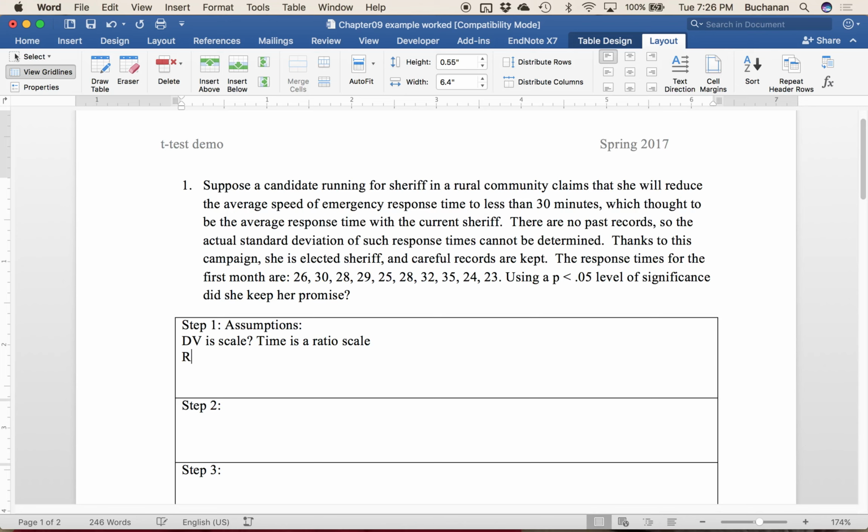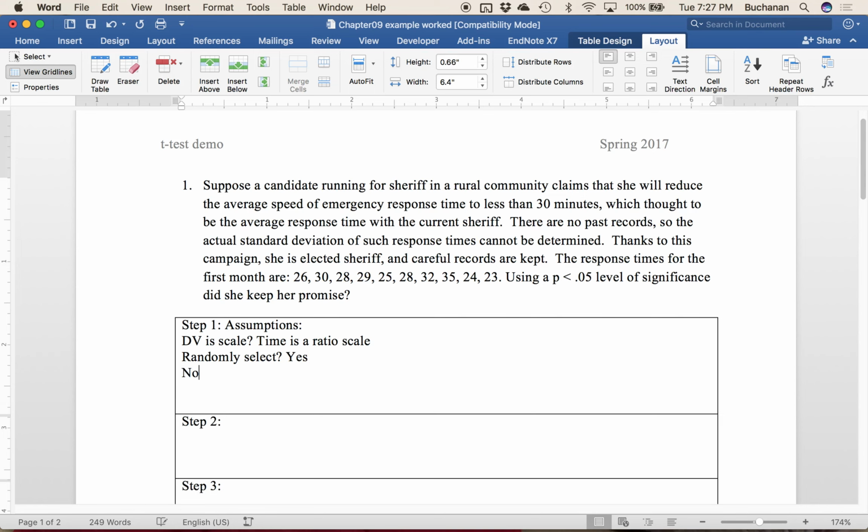We want to randomly select, and in this case, yes, we actually could, because we have all of the records of the emergency response times, and we would be able to randomly pick some of the times. And is it normal? Well, it might be, but N is less than 30 in this case, so we don't know. So we're just going to say, well, we don't know, so we're not going to assume that it's normal.